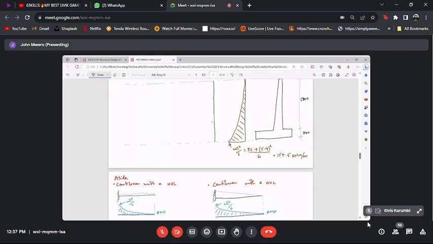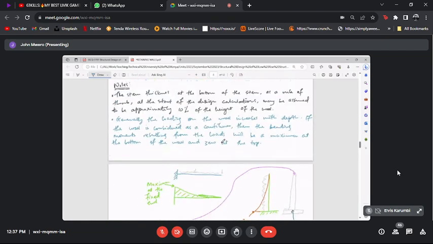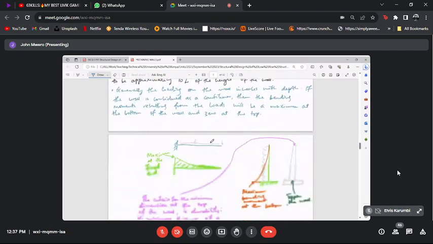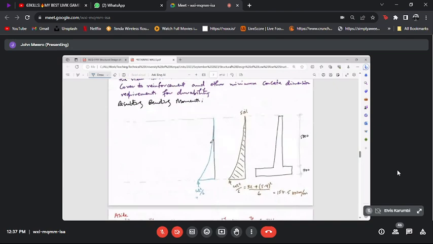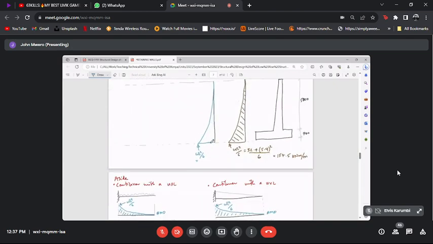So here again, we will have a parabolic diagram, and this will be similarly WL squared over 6. What was the value we calculated? 54. So 54 multiplied by 5.4 squared over 6.